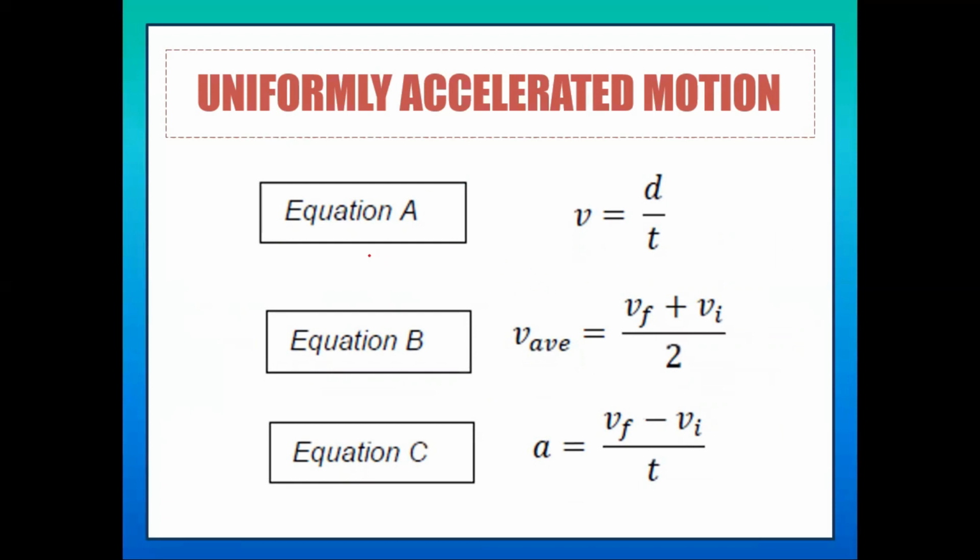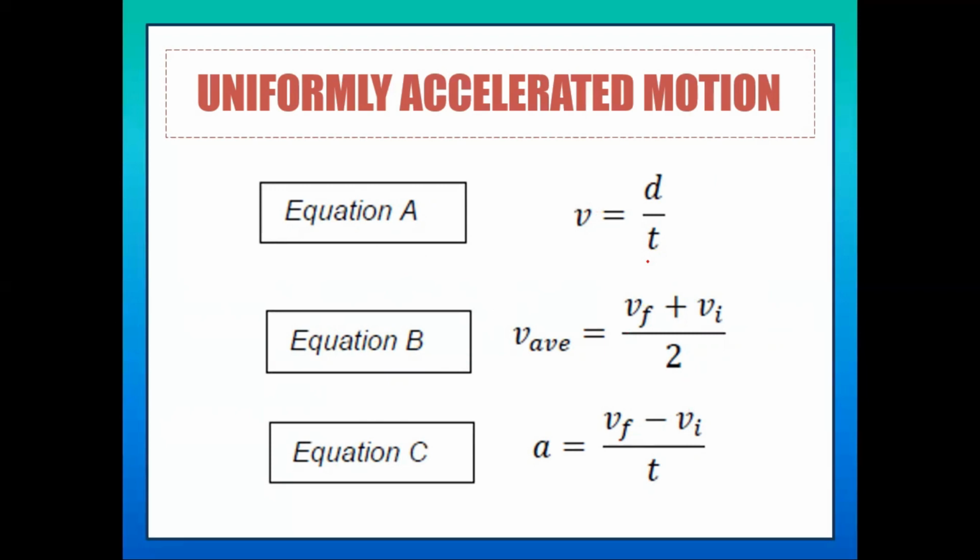We just simply tag it as equation A, equation B, and equation C for us to easily do the manipulation of equations so we can derive the equations needed for your UAM. Okay? So, your equation A is for your velocity. Okay? Equation B is for your constant velocity. Equation C is for your acceleration.